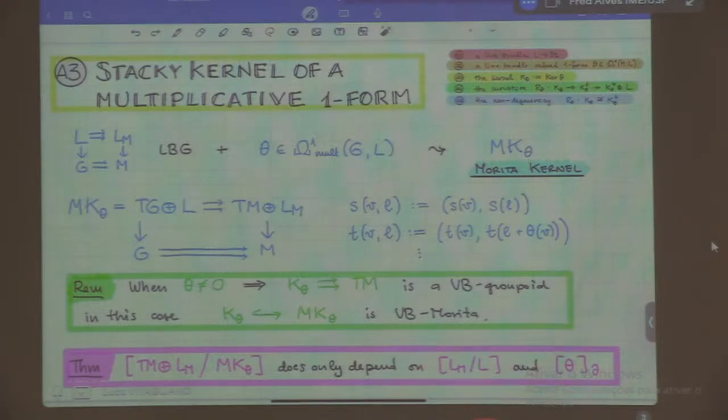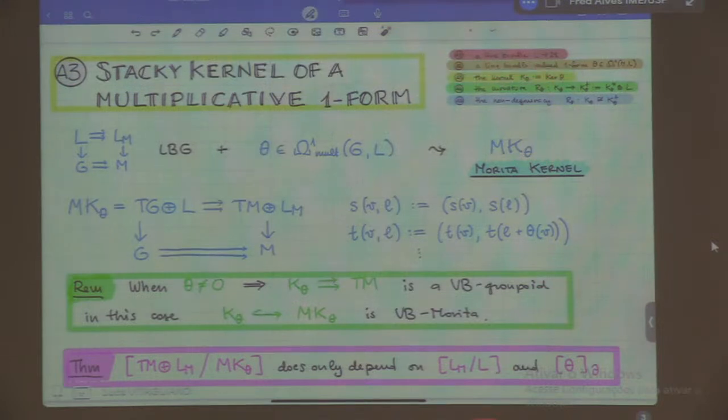And this means that we actually consider as the kernel the stacky kernel of theta. Okay, and with this we are done with this third aspect.